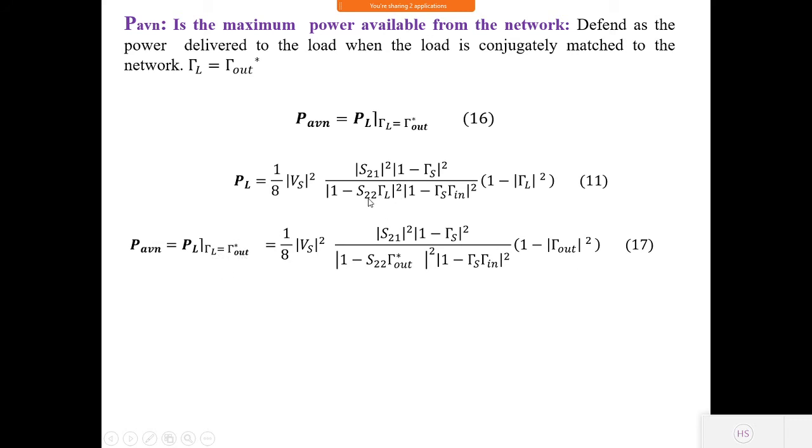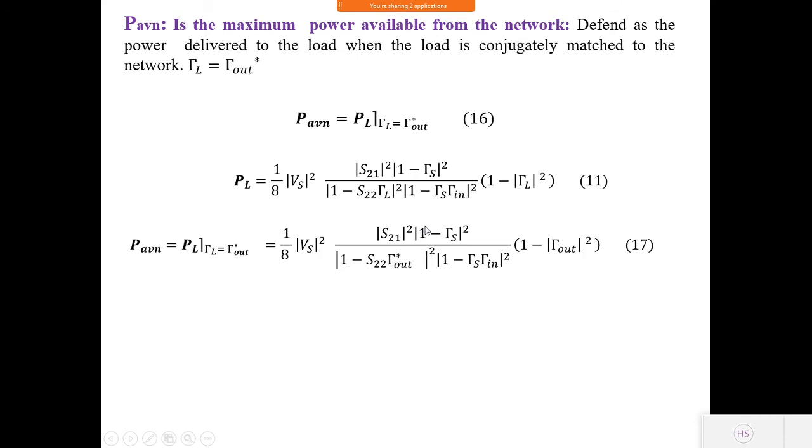See here, S22 ΓL. ΓL means Γout complex conjugate. Similarly, here this you leave as it is. ΓL, again you substitute the value of this. ΓL is equal to Γout, so we will be left with this. This is replaced by Γout complex conjugate. So you will be having this. Okay. So this is the power delivered to the load under matched condition.